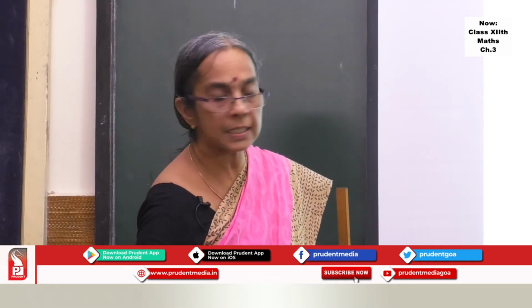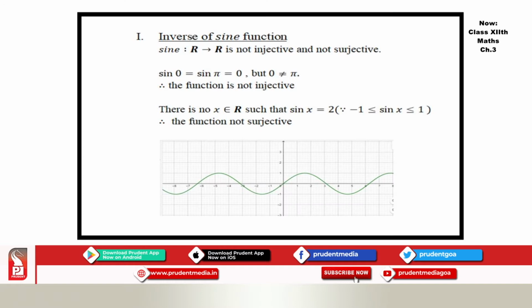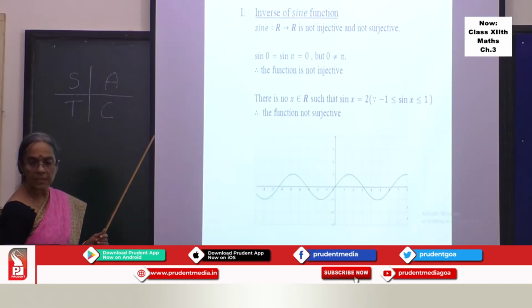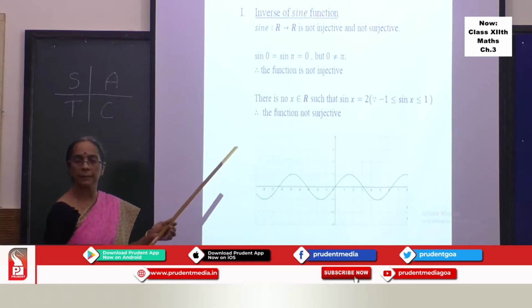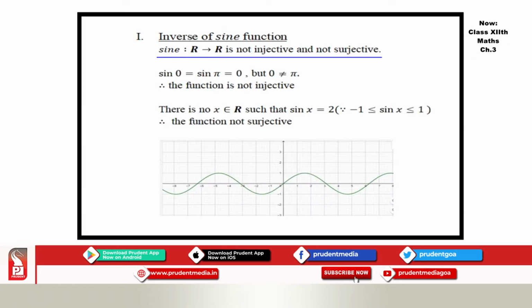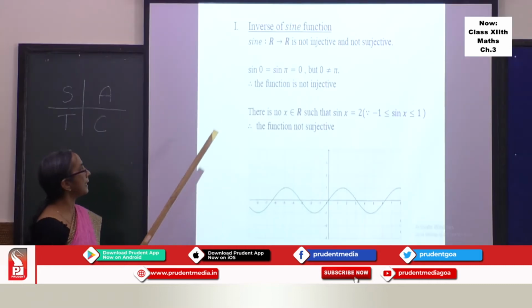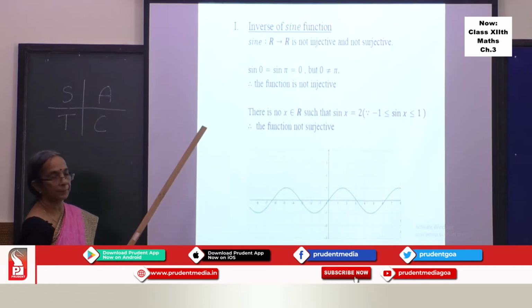Let us see what is inverse of sine function. Here sine function from R to R is not injective and it is not surjective. I explain it using an example.